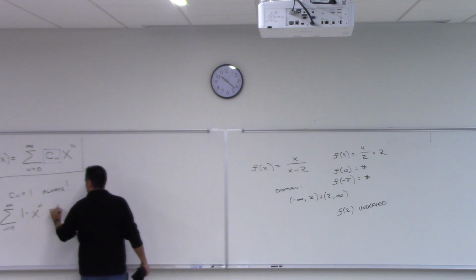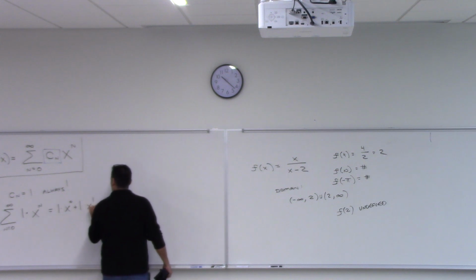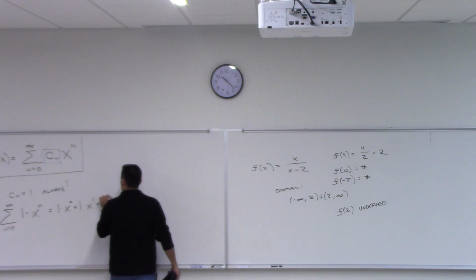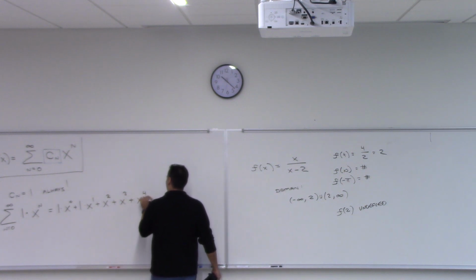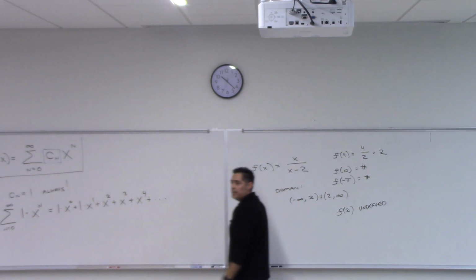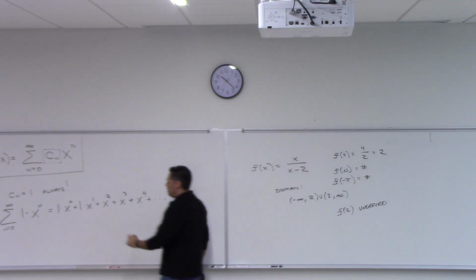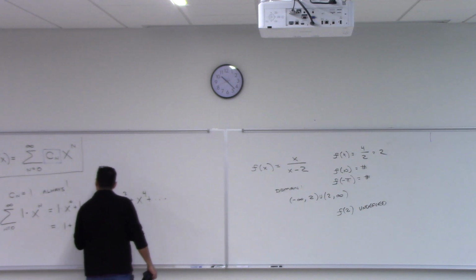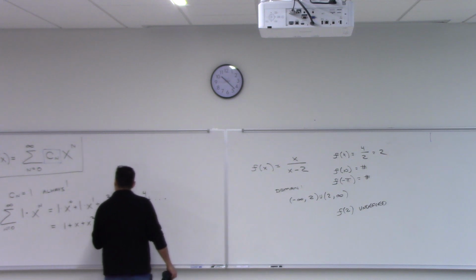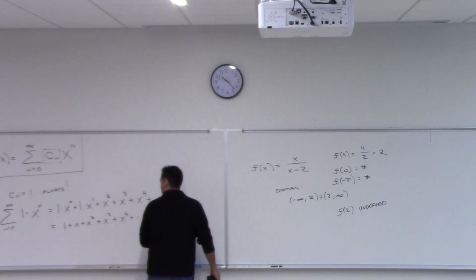So we get 1 times x to the 0 plus 1 times x to the first plus 1 times x squared. You get the idea. That is a power series, written out a little differently: 1 plus x plus x squared plus x cubed plus x to the fourth plus dot, dot, dot.